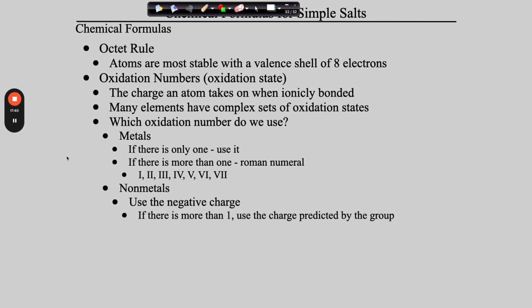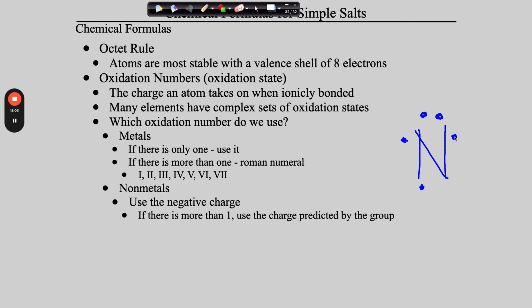So, guys, look at nitrogen. Nitrogen is in group 5. So, if we look at nitrogen's Lewis dot structure, it has 1, 2, 3, 4, 5. It has 5 valence electrons. That would lead us to believe that it wants 3.